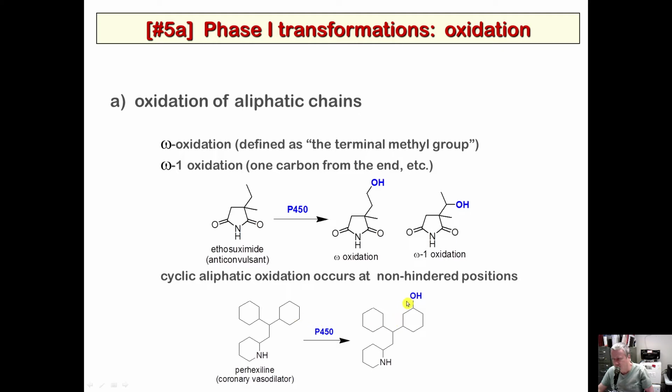P450 can just install hydroxy groups on these rings randomly, and that aids in excretion, or you can do phase 2 metabolism off the hydroxy group. So this is another example of a cool thing P450 does. And these are these non-activated alkyl chains.